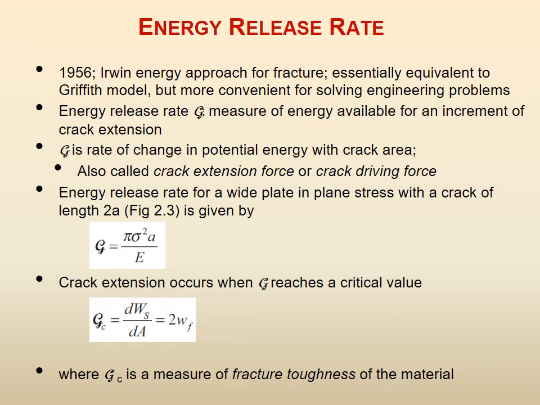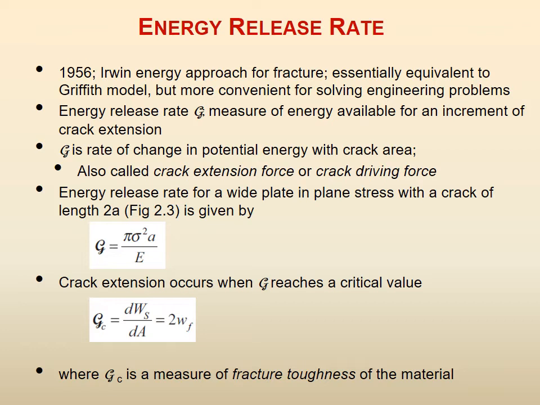So earlier you defined stress intensity K1, and you said that the critical value of this K1C is the fracture toughness of the material. Now you are defining a new thing called energy release rate, or crack extension force, or crack driving force. And then you are saying that if you find the critical value of this extension force or energy release rate, then this is also a measure of the fracture toughness of the material.